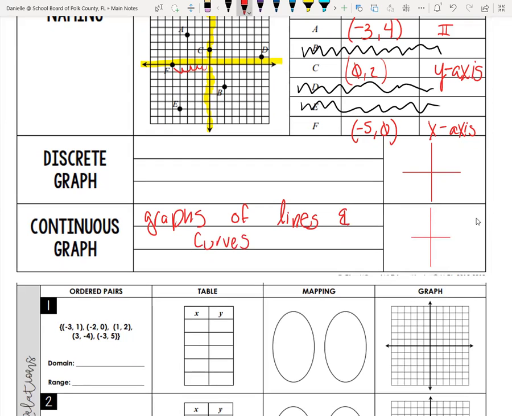And as I said, discrete graph is a graph of points. So our discrete graph would look something like boop, boop, boop, boop. And our curves, it could be this or it could be this.